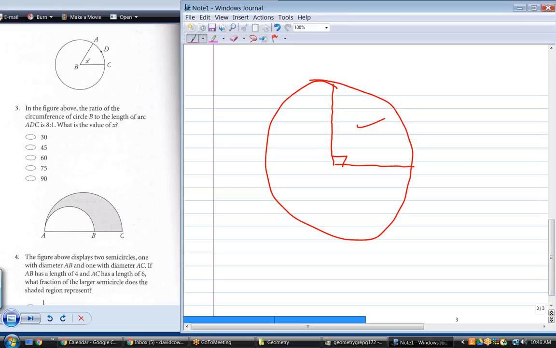That's 1/4 of the circle. Okay. What part of the circumference? That's 1/4 of the area. Mm-hmm. What part of the circumference is that arc length? Half of the circle. Look again.